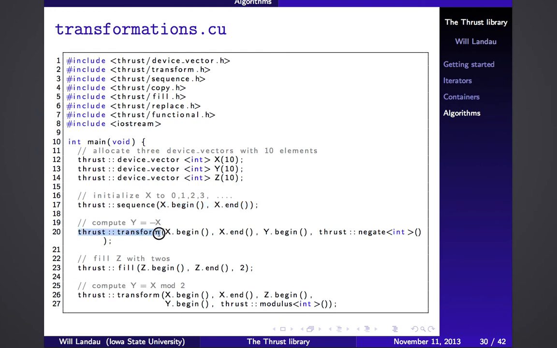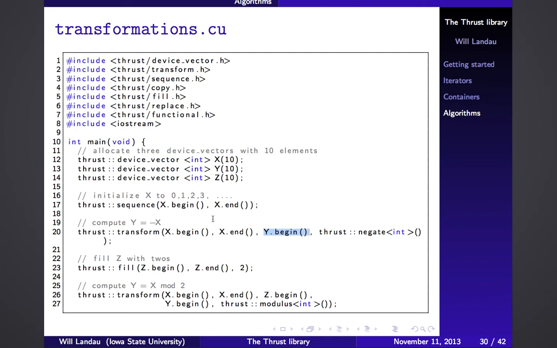Thrust transform is really powerful because what you can do is, for example, I can compute y equals minus x like this. I can just take the elements that I want from x, I negate them with this function that I pass into it, and I store all those elements in y beginning at y.begin. Okay?